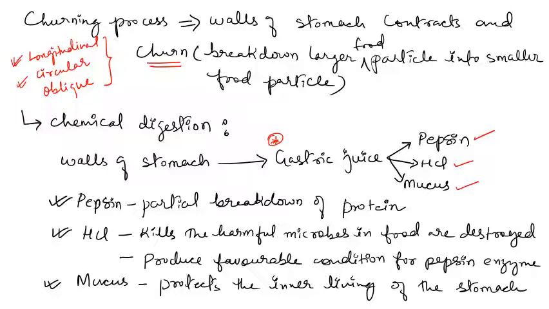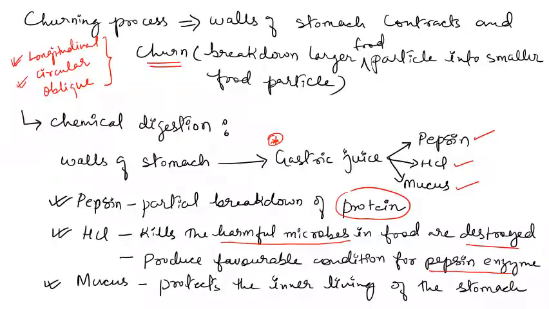Pepsin will help in the partial breakdown of protein, whereas HCl will help in the destruction of harmful microbes present in the food, and HCl will also provide a favorable condition for the pepsin enzyme.